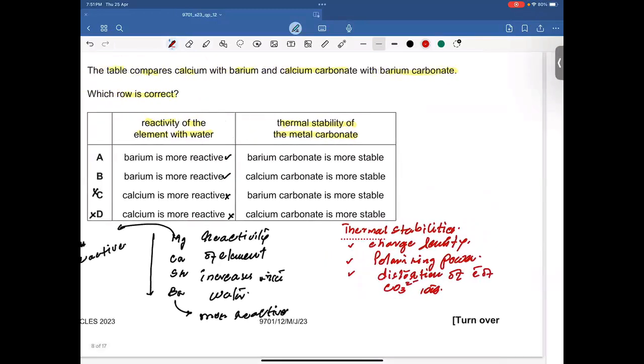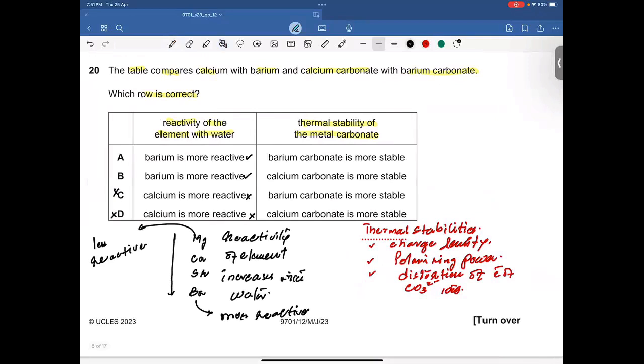Okay. Now in thermal stability, down the group, ionic radius increases. If ionic radius increases, obviously charge density decreases. If charge density decreases, polarizing power also decreases.